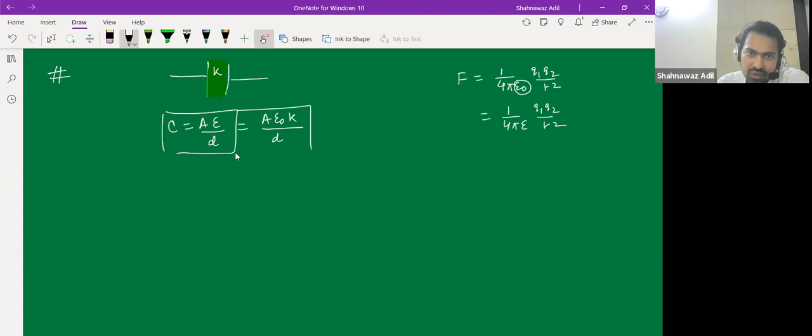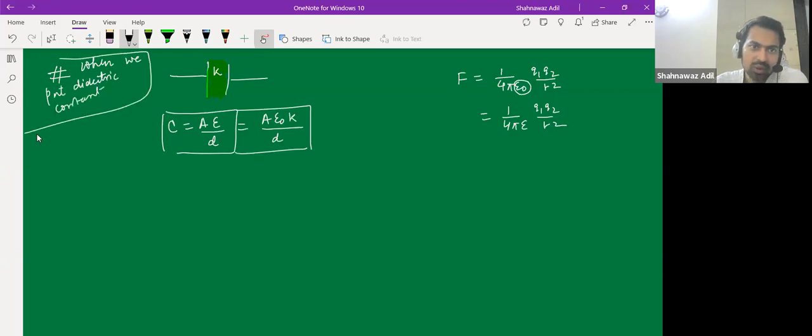So this is when we put the dielectric constant, right? This is totally filled. There is no gap between the plates, so the gap is totally filled.